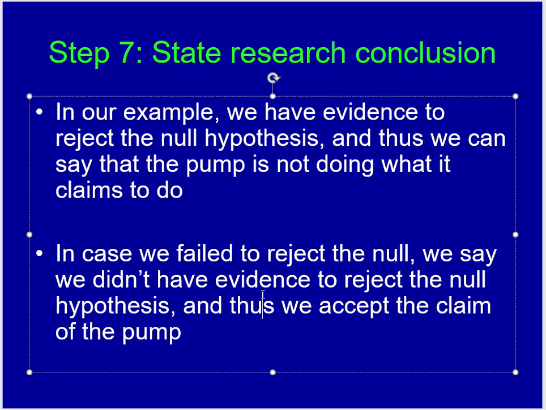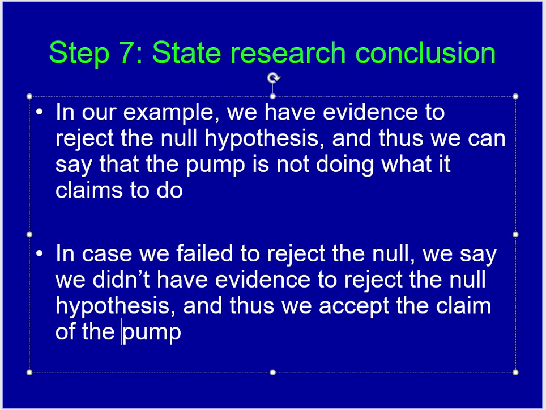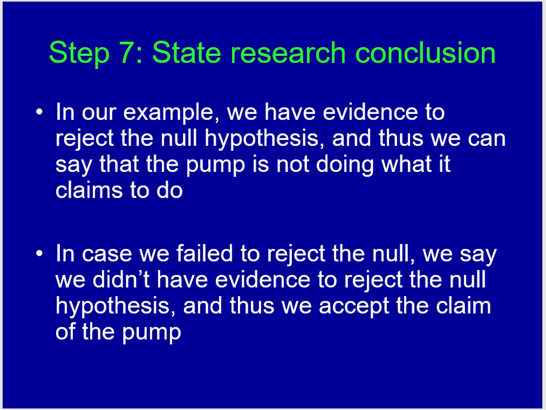But that's actually acceptable and it's quite good. Had we failed to reject the null hypothesis, let's suppose the p-value came out to be 0.814, we would say that we did not have evidence to reject the null hypothesis, and therefore we would have to accept the claim that the pump maintains a blood sugar of 100.